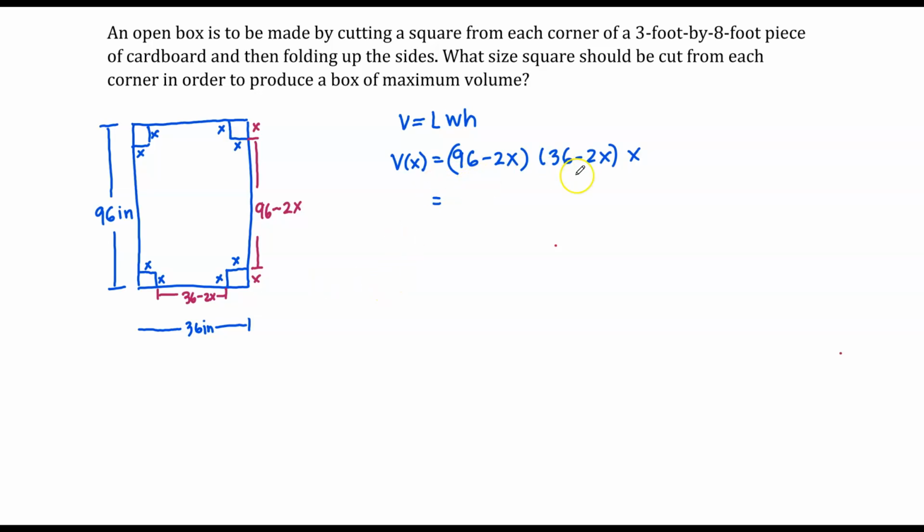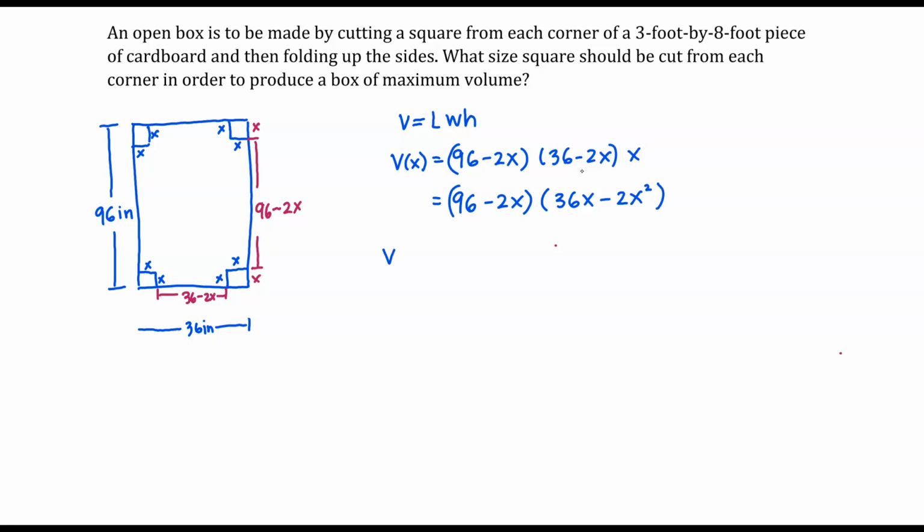Since we have a product in terms of x with 3 factors, it is easier to compute the derivative when you multiply the x into one of the factors. So let's write this as (96 minus 2x) times (36x minus 2x squared).